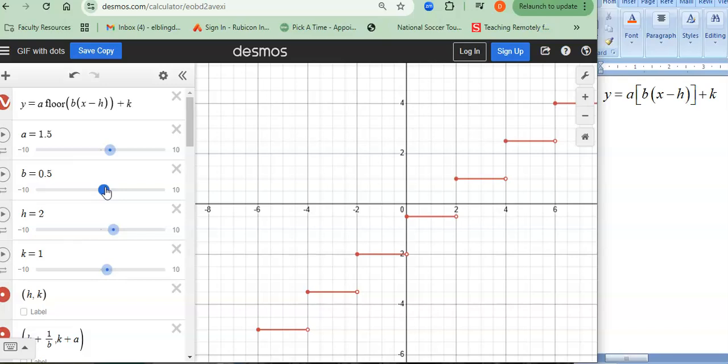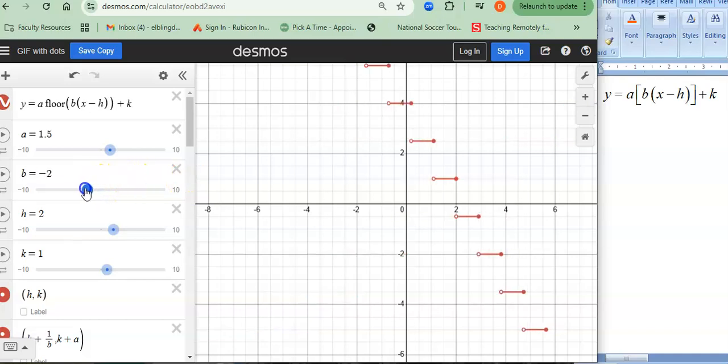So the larger B is, the smaller the step is side to side, and the smaller B is, the larger the step is side to side. And notice that right now, each one of these steps has a filled in dot on the left-hand side and an open dot on the right-hand side.